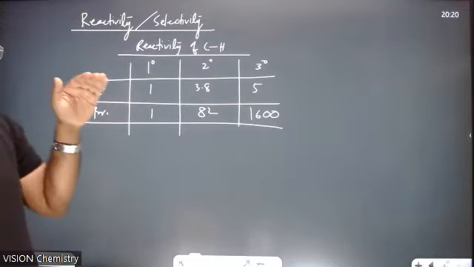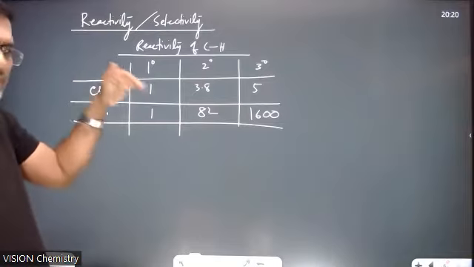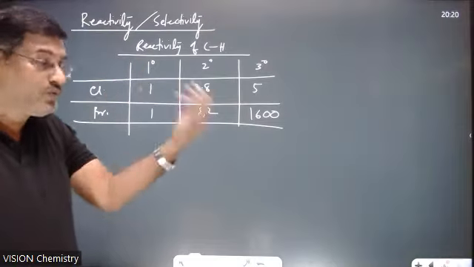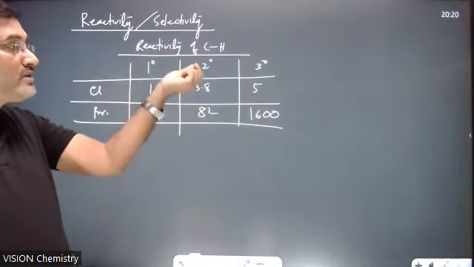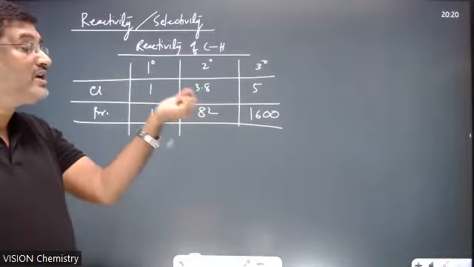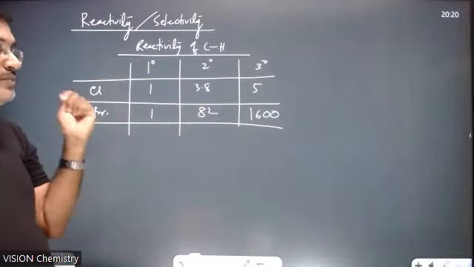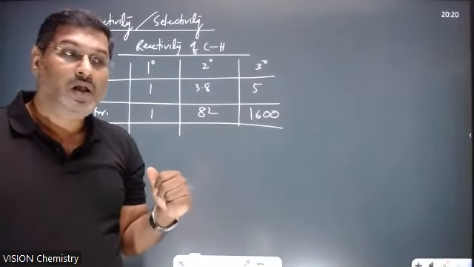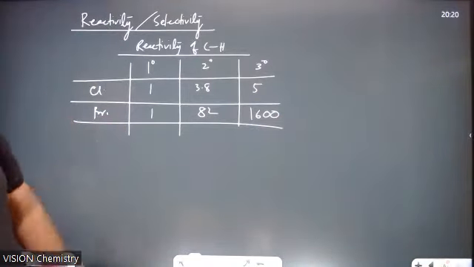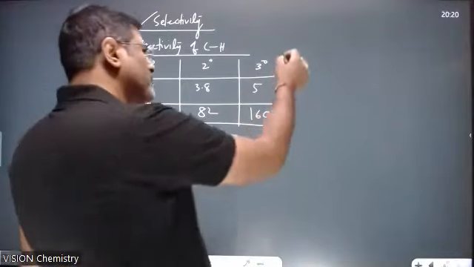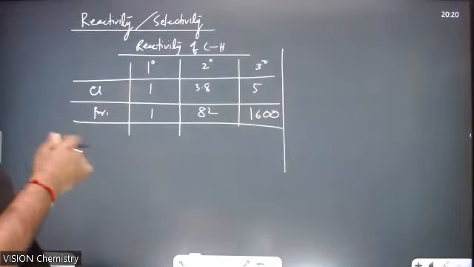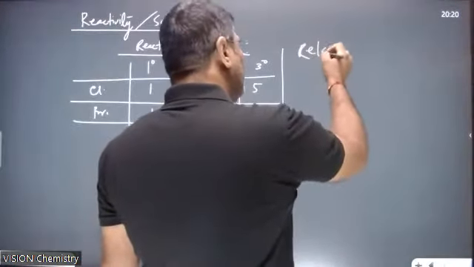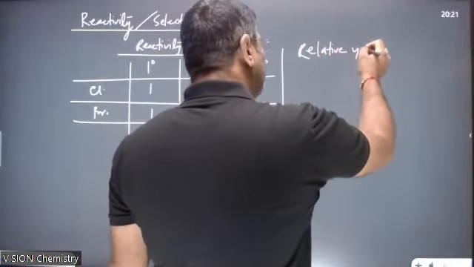But as the bromine is less reactive, it is more selective, and that's why we find the tendency towards reactivity for the secondary is very significantly higher in comparison to the primary, and tertiary is dramatically higher. And you can estimate this impact also, because with the help of this quantitative figure, you can find the relative yield.